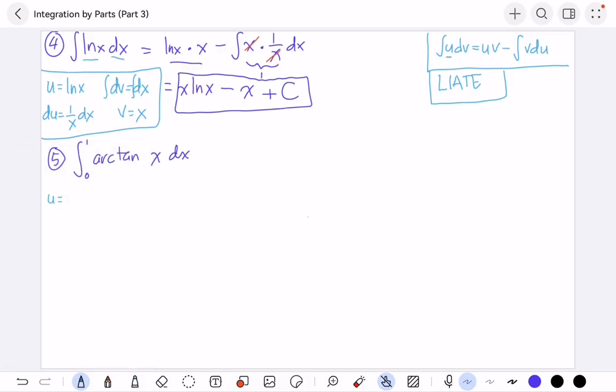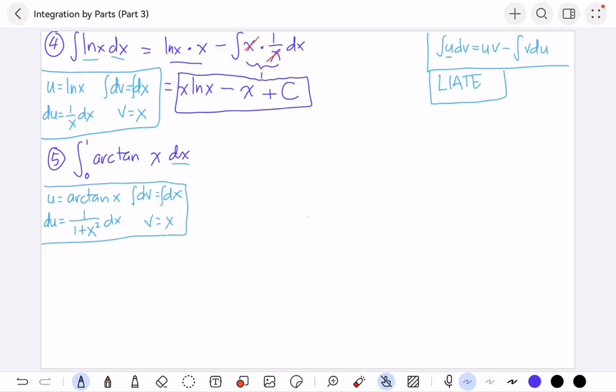So my u is arctan of x, and dv is the remaining expression, which is dx. Now the derivative of arctan is 1 over 1 plus x squared dx, while v, integrating both sides, is x.